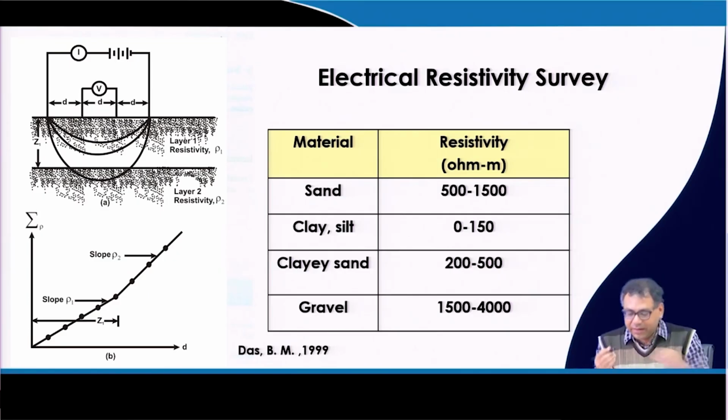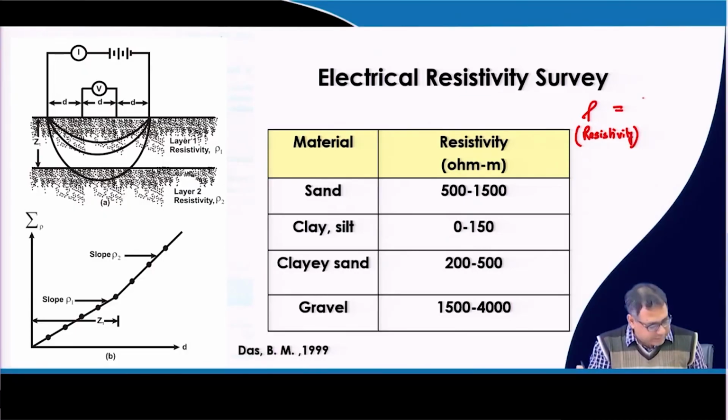Okay? And by this expression, I can calculate the resistivity rho. This is 2 pi d V by I.